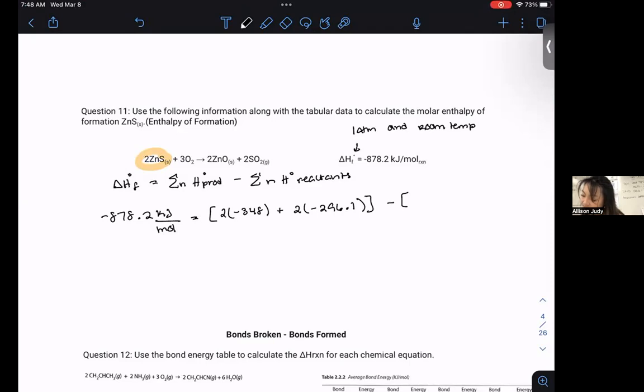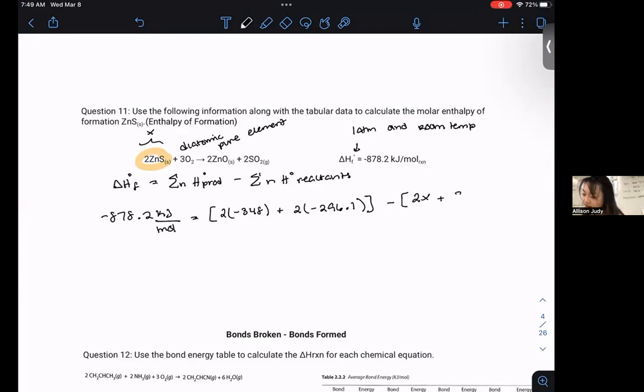Now, we're being asked to find zinc sulfide. So I'm going to say 2x and call this x. And it's going to be added to 3O2. Now, O2 is a diatomic molecule, a pure element. For a diatomic pure element molecule, we find that the heat of formation is 0.